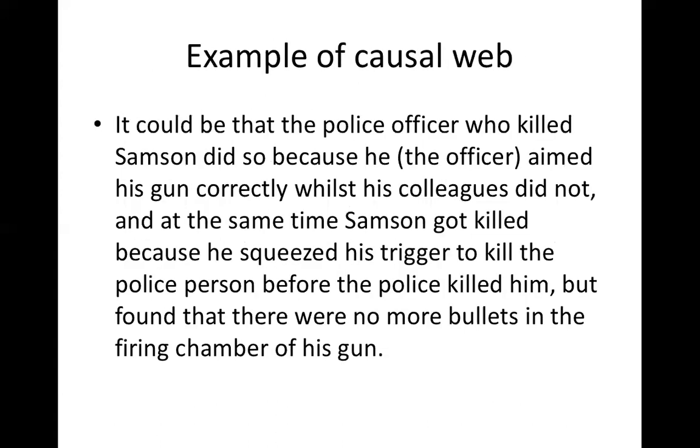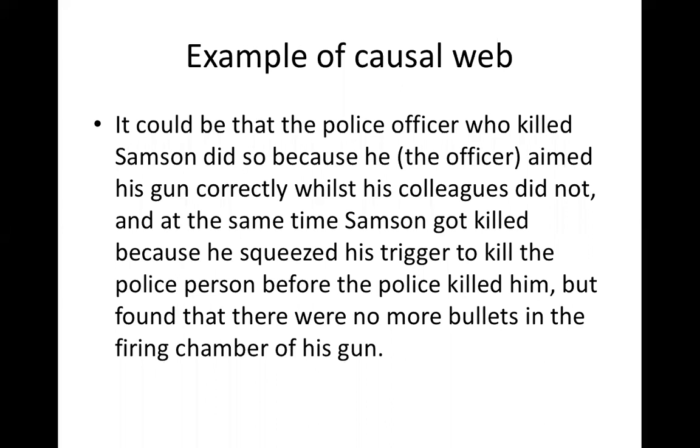Let's see an example of a causal web. It could be that the police officer who killed Samson did so because he, the officer, aimed his gun correctly, whilst his colleagues did not. And at the same time, Samson got killed because he squeezed his trigger to kill the police person before the police killed him, but found that there were no more bullets in the firing chamber of his gun.